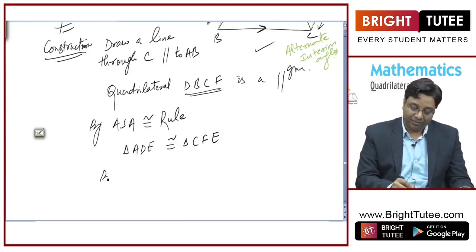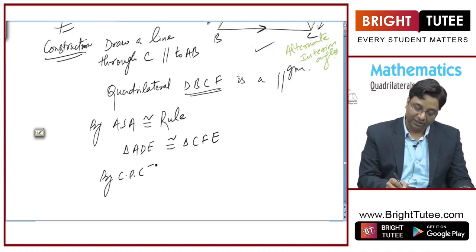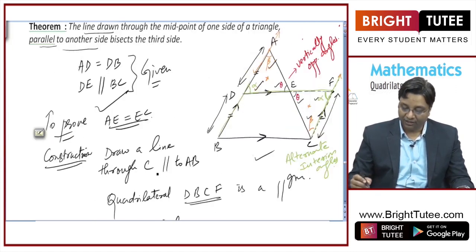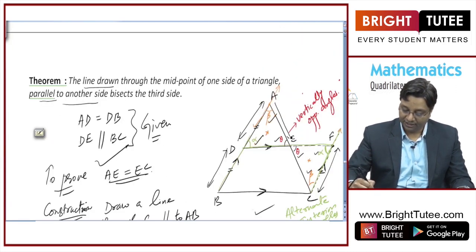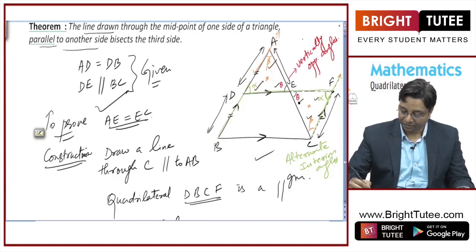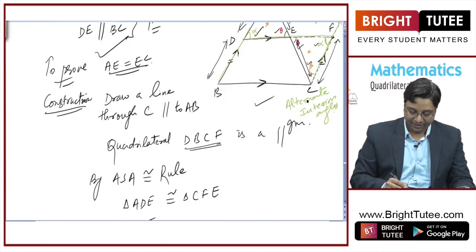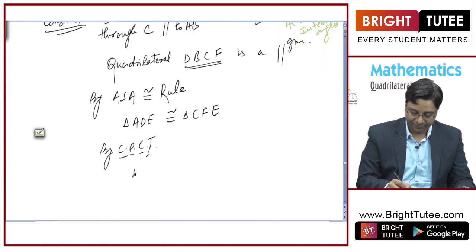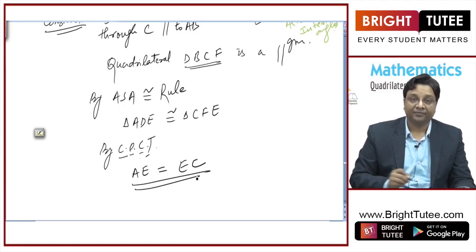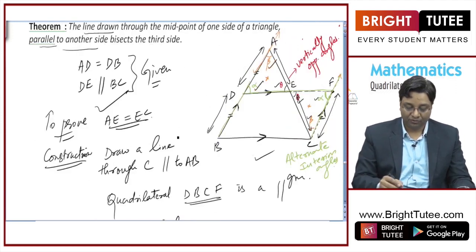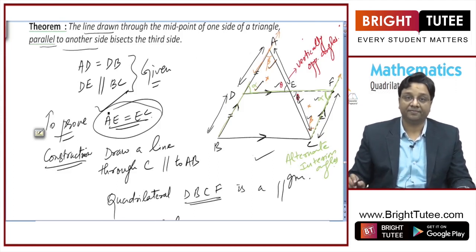Now I can say by CPCT. What is CPCT? That corresponding parts of congruent triangles are equal, right? So by CPCT, what can I say about these sides? Side AE and from here side EC. Side AE will be equal to side EC by CPCT, and this is what we want to prove here, right?